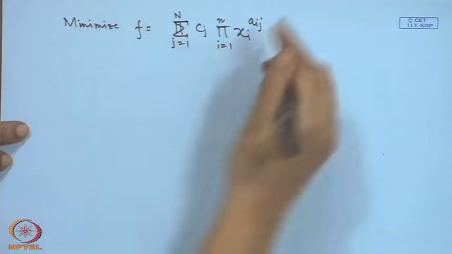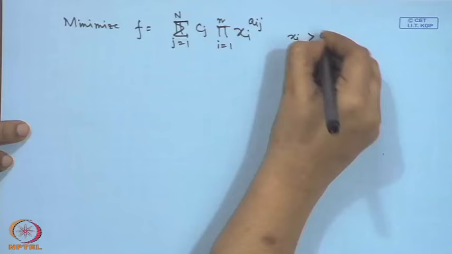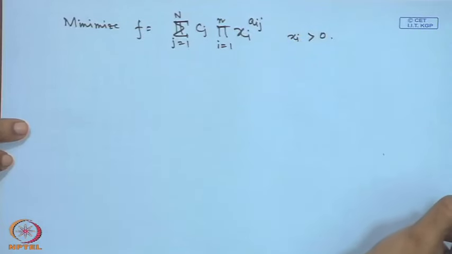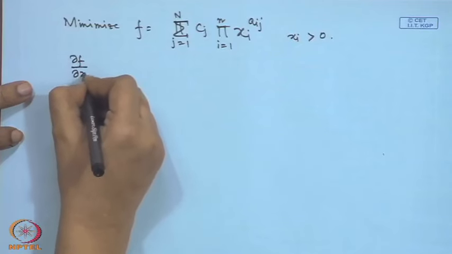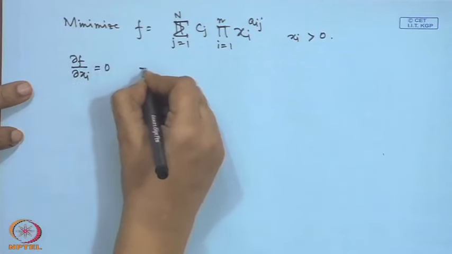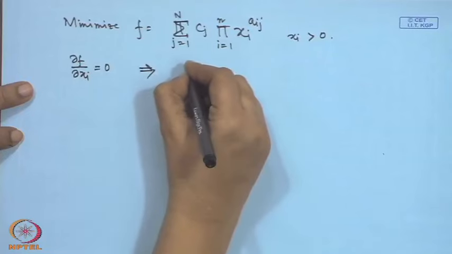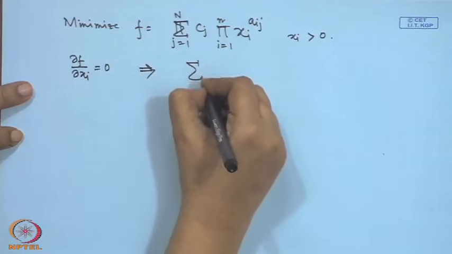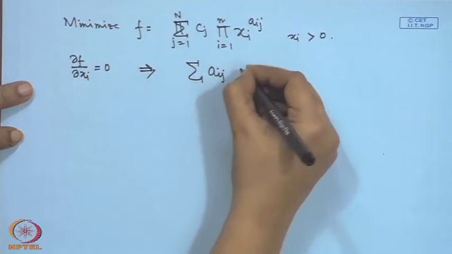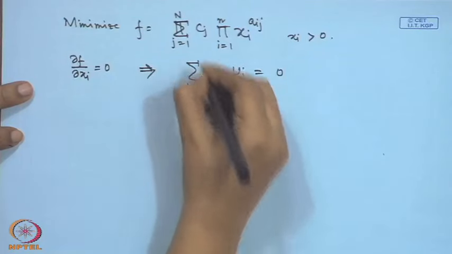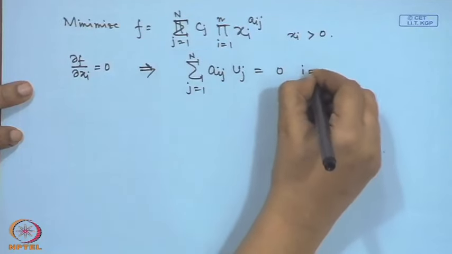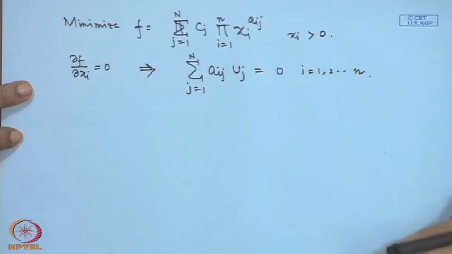Now, we need to minimize this function, xi greater than 0. As we have seen that the process is that we will get del f by del xi equal to 0, and from here we are getting a set of orthogonality conditions, Aij uj is equal to 0, j is equal to 1 to n, and i is equal to 1 to small n.